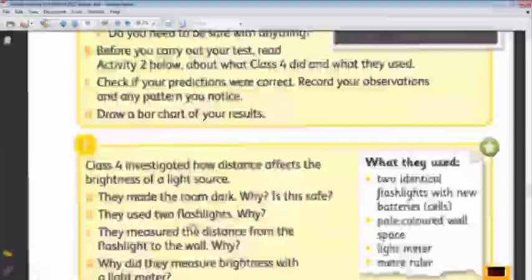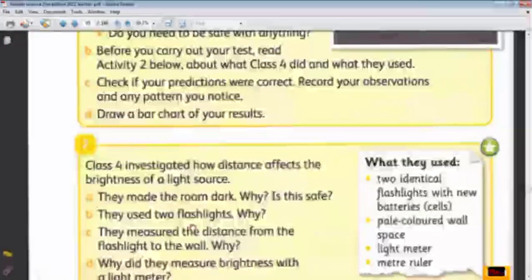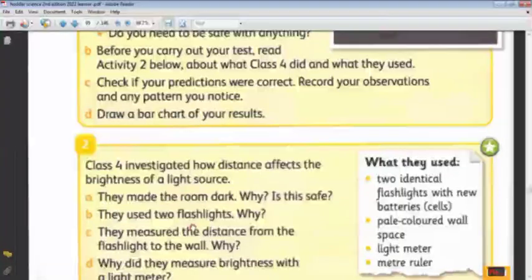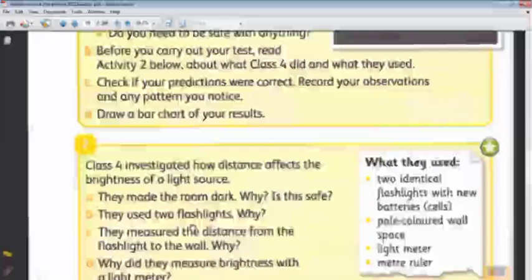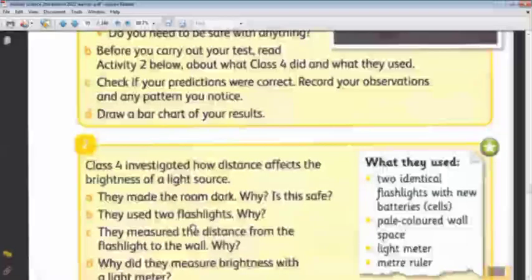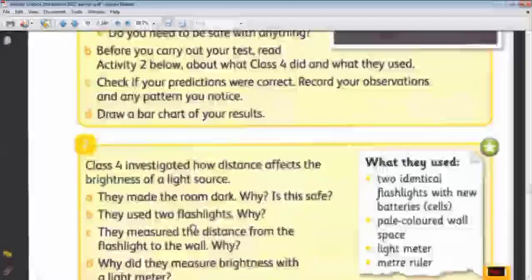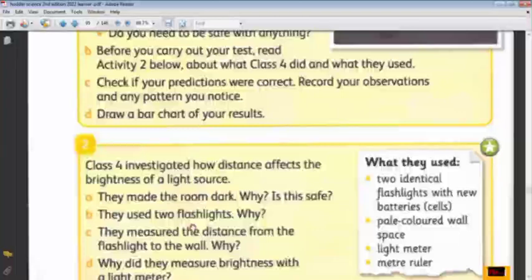As an example, if they stay 10 centimeters away from the wall, they measure the brightness using the light meter. Then they stand 20 centimeters from the wall and measure the brightness with the light meter, and then 30 centimeters and so on. So they have to measure the distance to make it a fair test, so the experiment can be accurate by measuring everything.